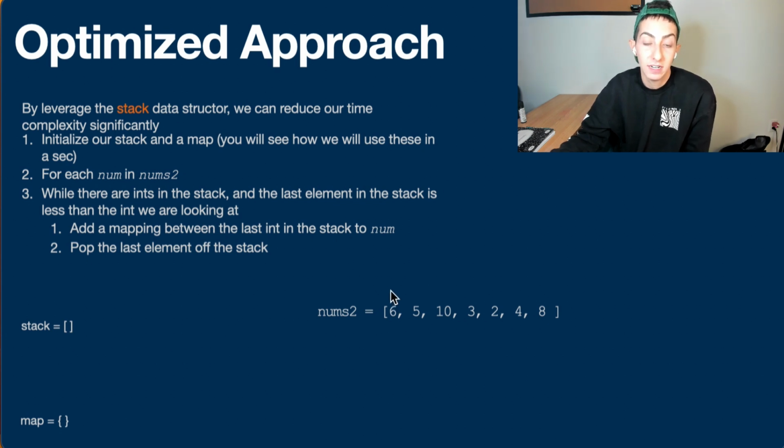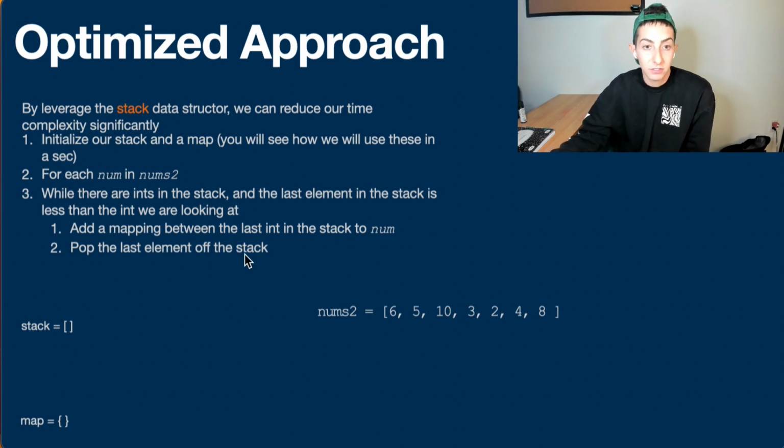If it's in nums1, is there a mapping in nums2 for that integer to its next greatest integer? And in that way, we only have to loop through each array twice. So we can drastically reduce our time complexity to a big O of n, because despite the fact that we're doing it twice, those loops are on the same level. So we can drop the constant of 2 and return that big O of n.